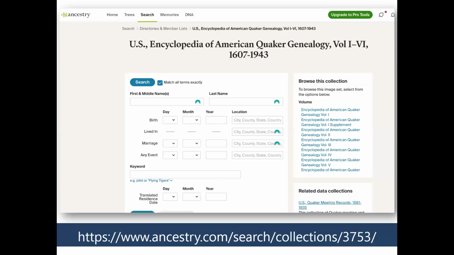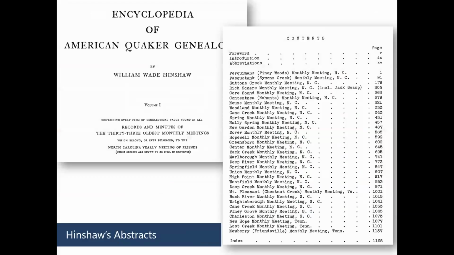And each of the volumes is devoted to different areas. When it comes to North and South Carolina, Volume 1 is your go-to for your Quakers who were arriving in this time frame, largely coming from England and its additional countries because of the persecution of the Quakers.